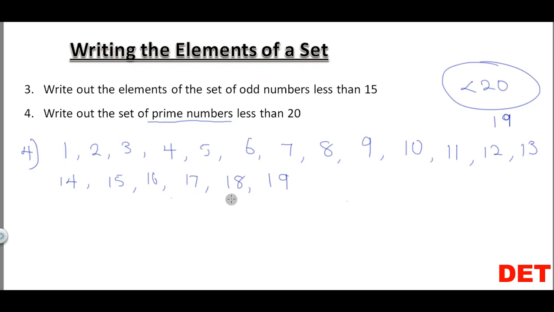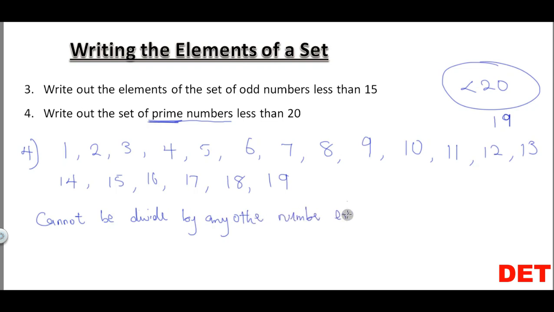All right. So what are the prime numbers that are here? So first of all, what is a prime number? A prime number is a number that cannot be divided by any other number except 1 and itself.